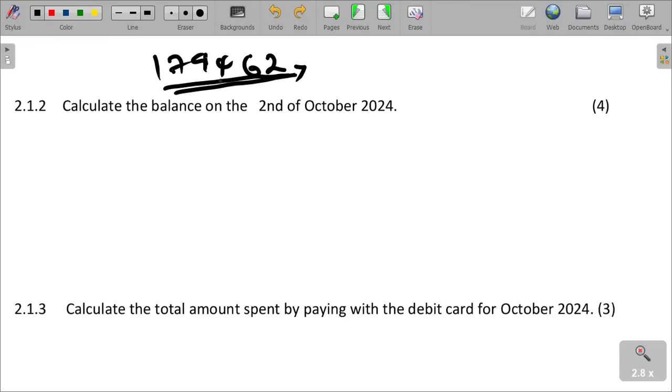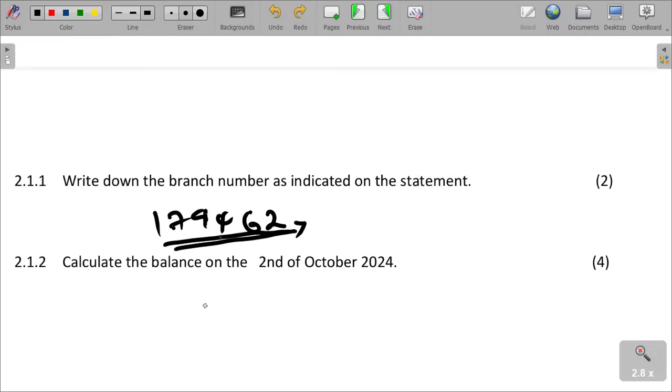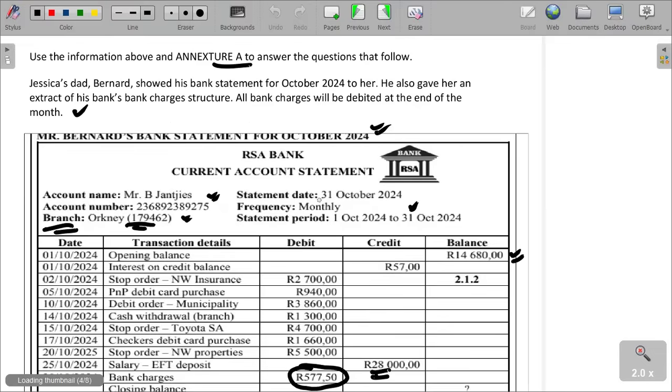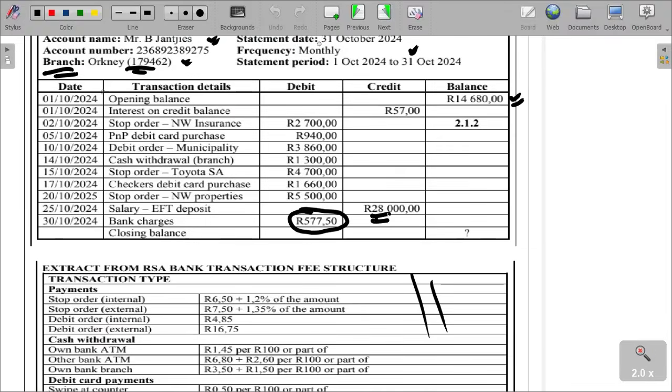On the 2nd of October 2024, we have to calculate the balance. We go on the statement, the balance on the 2nd. Here is the 2nd. So what we need to understand is that we have got our opening balance, which is 14,680. That is given in that case.